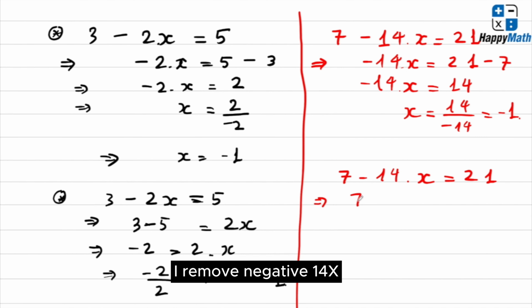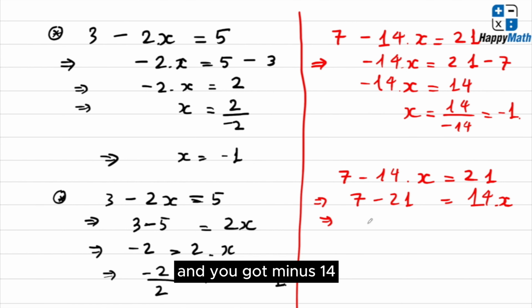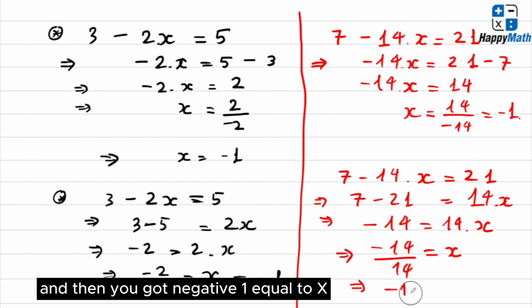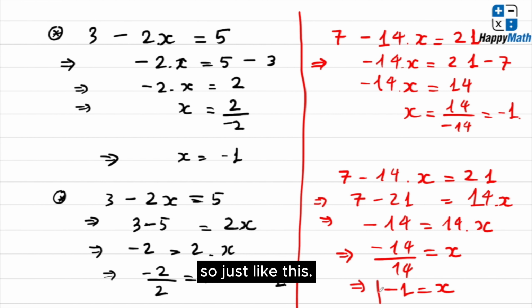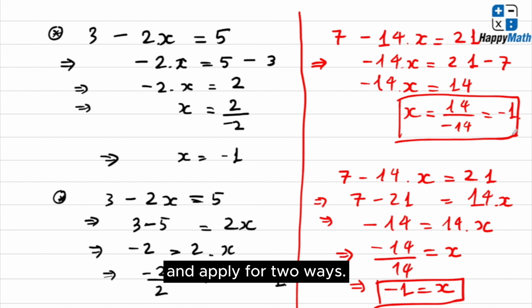For the next way, I will move negative 14x from left to right, and it becomes 14x on the right hand side. 7 minus 21, and you get minus 14 equals 14 times x. So you get minus 14 divided by 14, and then you get negative 1 equals x. So negative 1 is my final answer, and it applies for both ways.